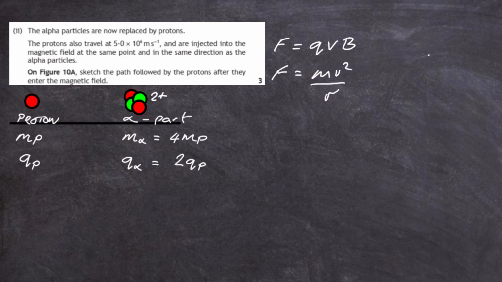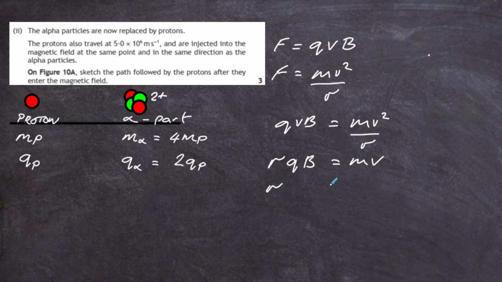Now if we equate those 2 forces together, we can have an expression for the radius. So we can have QvB is going to equal mv squared divided by r. And we just simply have to cross multiply by the r and cancel out a v, so rQB is going to equal mv.